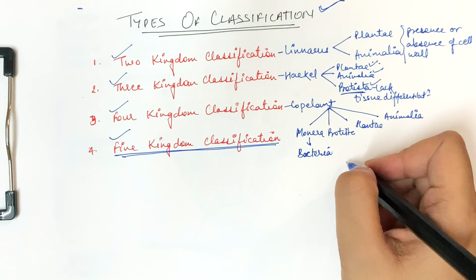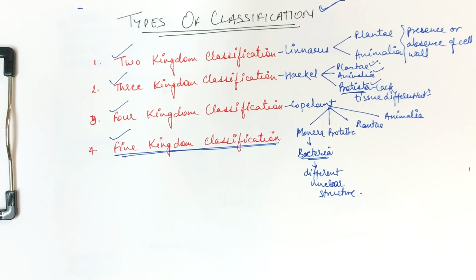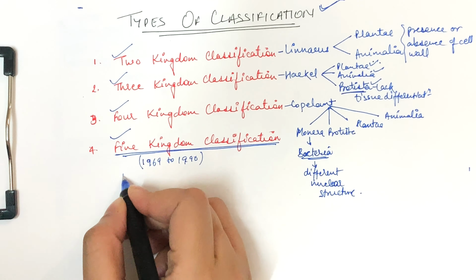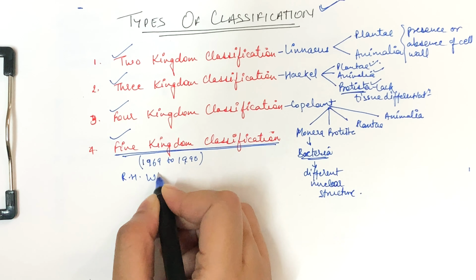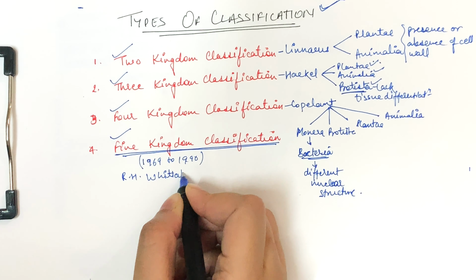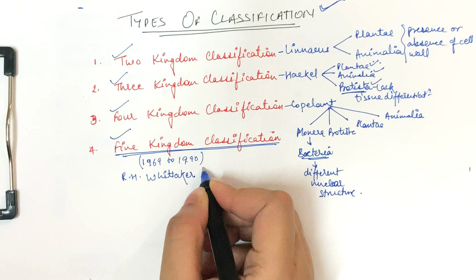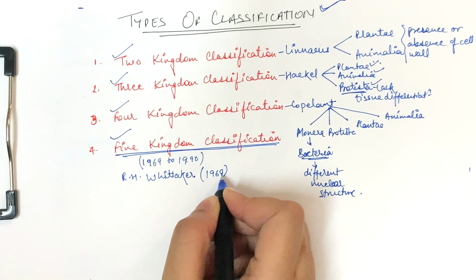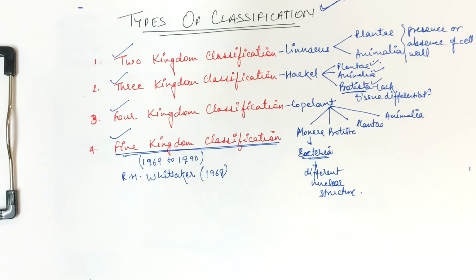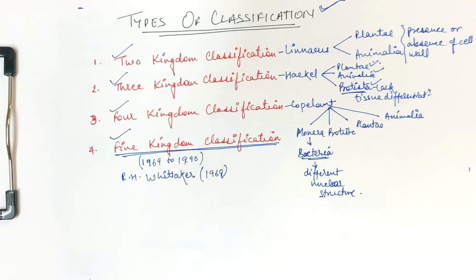Okay, and then came the 5 kingdom classification. Now 5 kingdom classification was done between 1969 and 1990. This is the most recent and the most valid classification. It was given by R.H. Whittaker. In 1969 he gave this classification, and he was an American taxonomist.